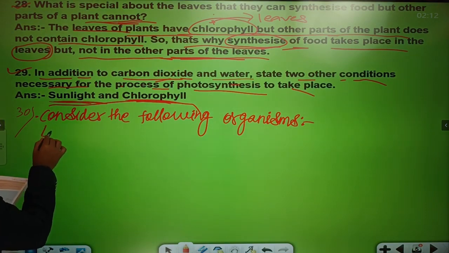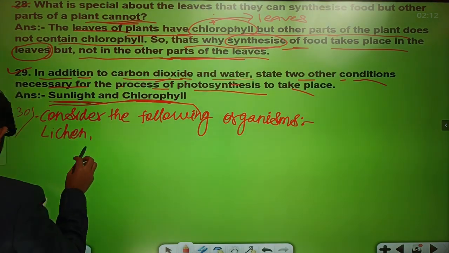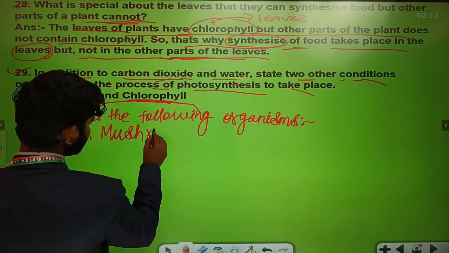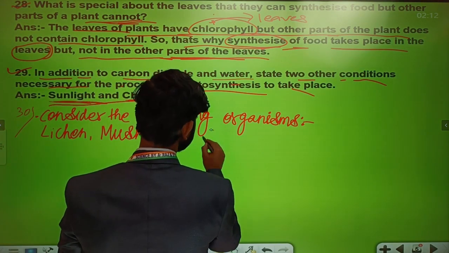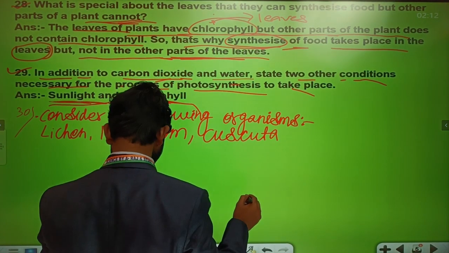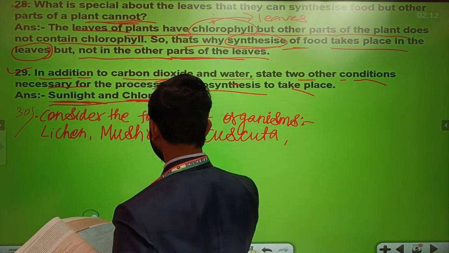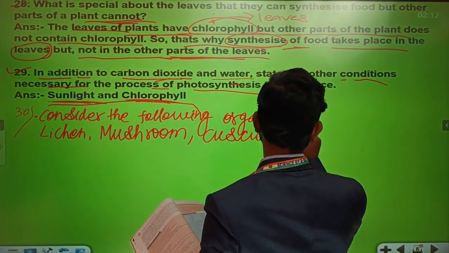The name of the organism is lichen. Next one is mushroom. All right. Next one is cascata. All right. Next one is grass.